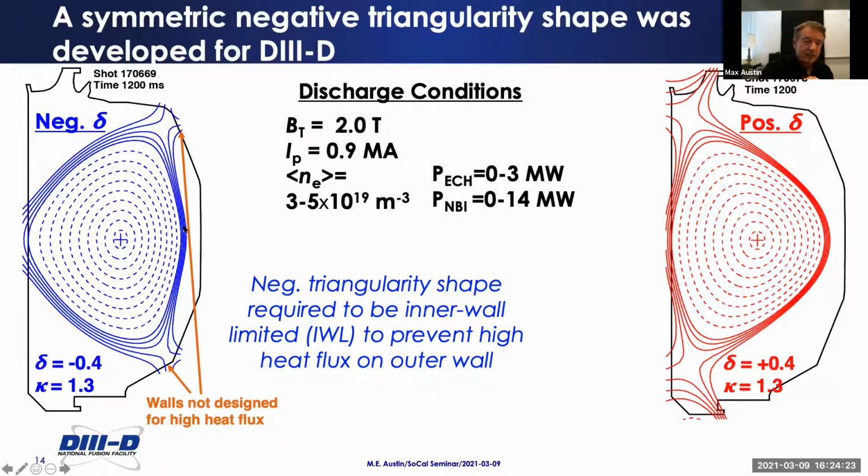By limiting on the inner wall, most of the power will deposit there, and the inner wall is designed for very high heat flux, in excess of 15 to 20 megawatts. So this will be important in a later part of the shape discussion.